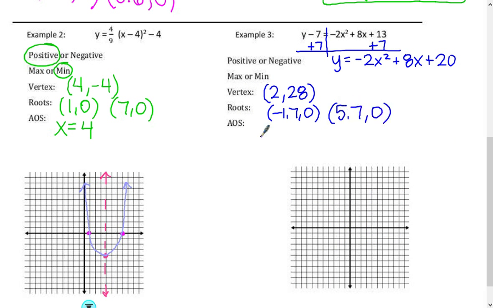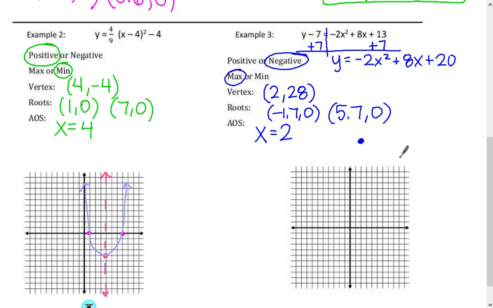All right, and then our axis of symmetry comes from the x value of our vertex, so that's x equals 2. This graph was negative, and it had a maximum. Unfortunately this is kind of bad, so let's just pretend 228 is somewhere, so go over 2 and then way up here to 228. That's going to be our vertex point.